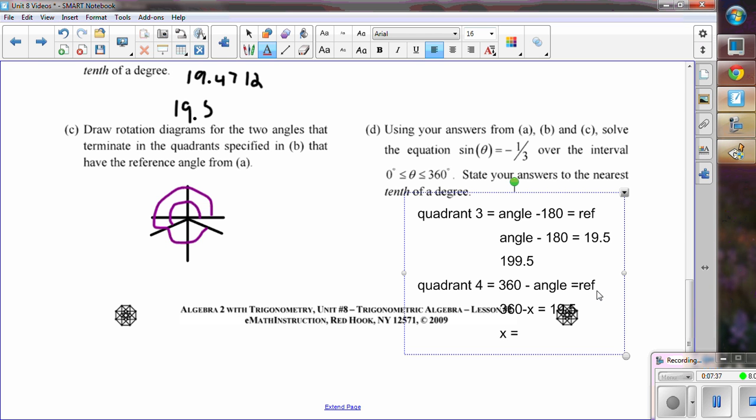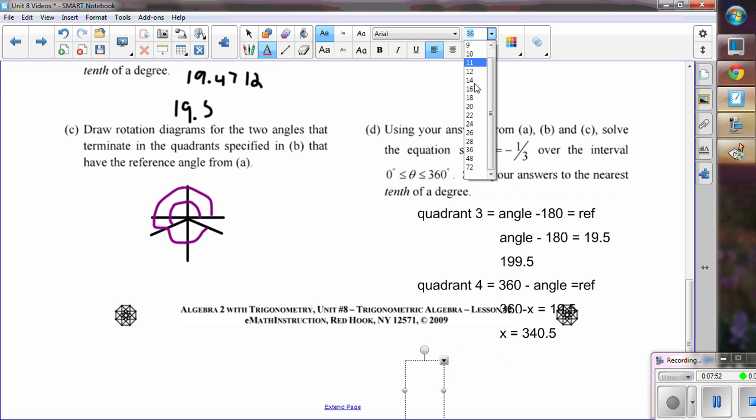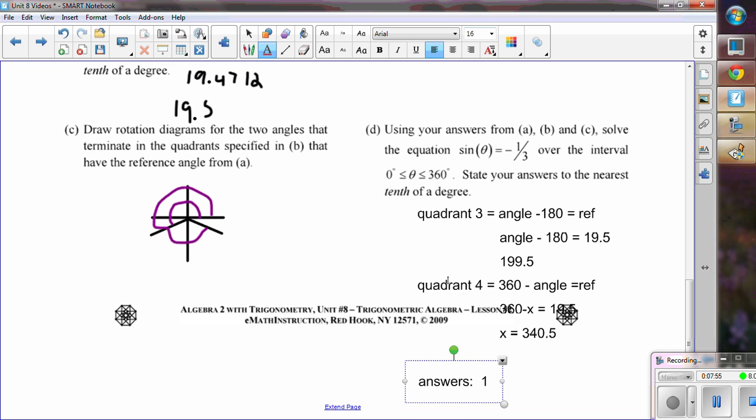When we do that, we get 340.5 to be our actual angle. So the two answers are 199.5 degrees and 340.5 degrees.